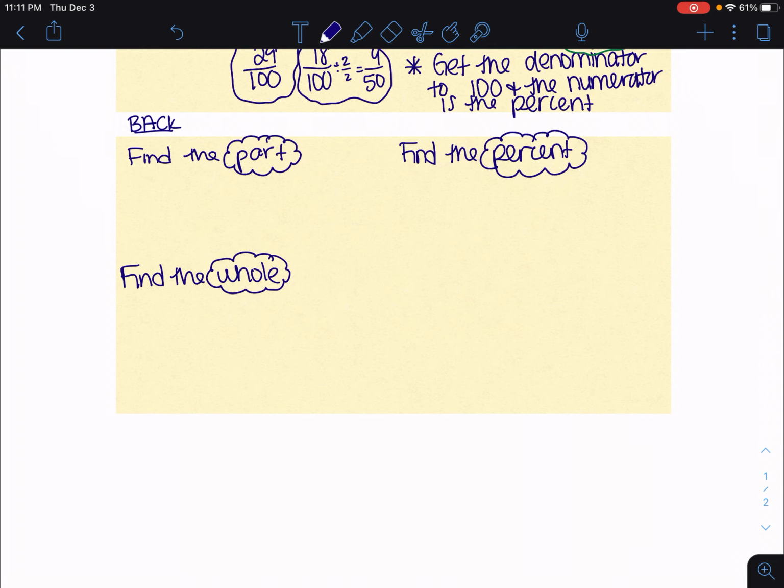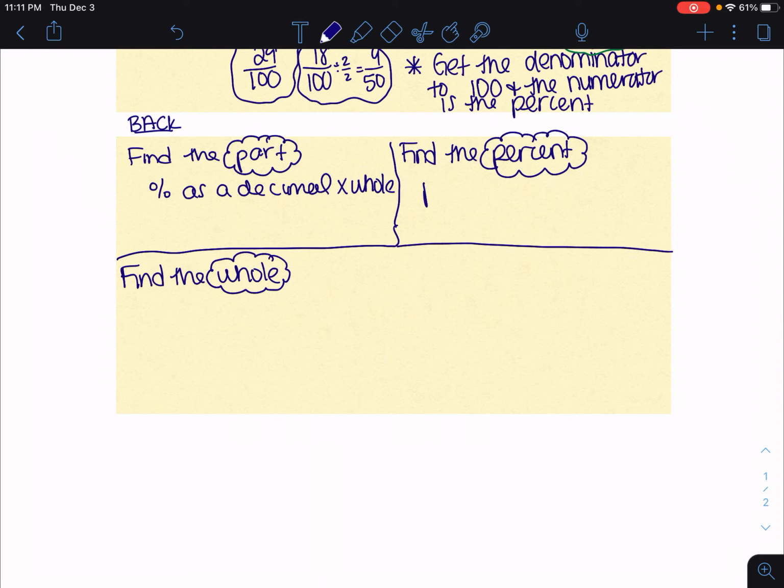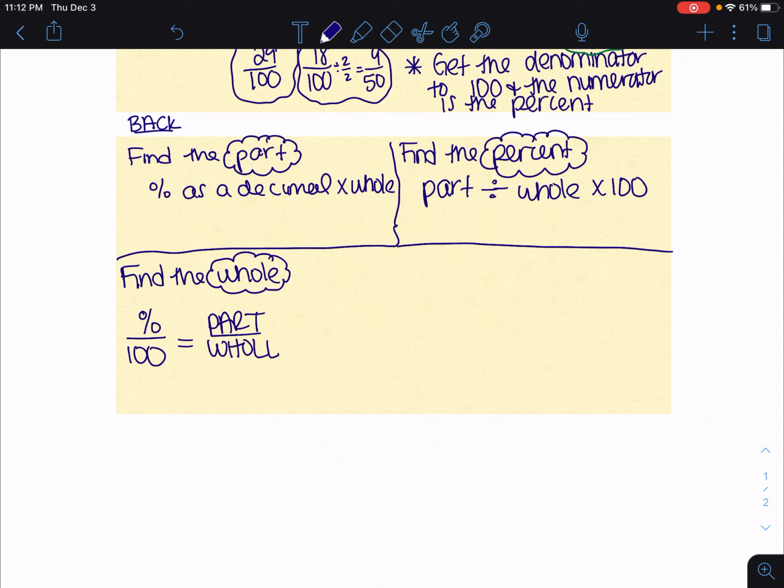So to find the part, we're going to do the percent as a decimal times the whole. To find the percent, we're going to do part divided by whole times 100. And to find the whole, we're going to do percent over 100 equals part over whole.